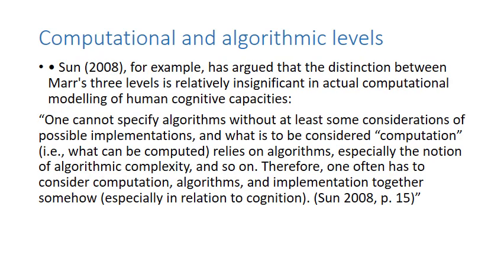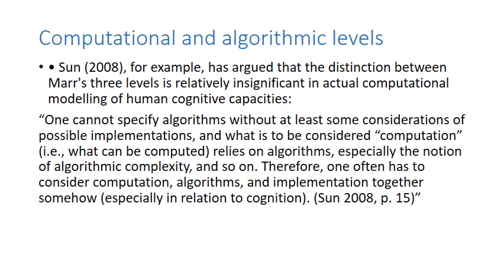As it happens, this is quite a popular approach in actual computational modeling that scientists are doing. So Sun, for example, has argued that the distinction between Marr's three levels is relatively insignificant in actual computational modeling of human cognitive capacities.